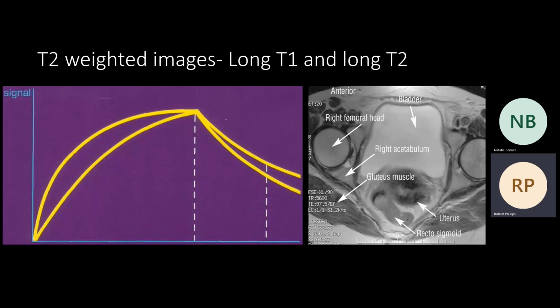So here are two different tissues. It's T1 relaxation, it's T2 relaxation. If we take the image at this stage, it's less T1 differentiation, it's more T2 differentiation, and this sort of image is called a T2 weighted image.